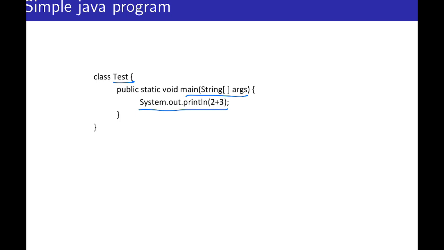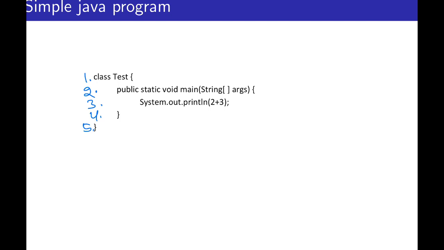So for better understanding, let us give line numbers to this program, and we have previously discussed that line numbers are not a part of the program. We give line numbers for our reference only. So this is line number 1, line number 2, line number 3, line number 4, and line number 5.